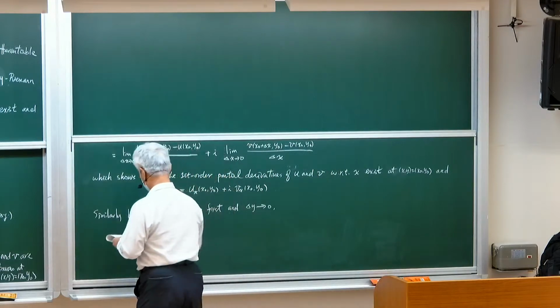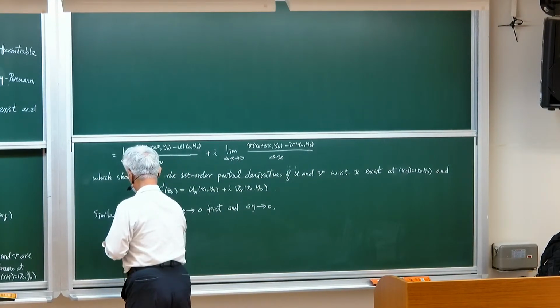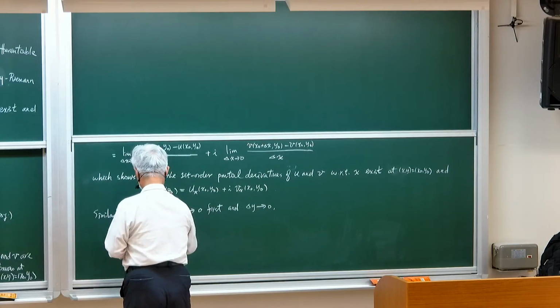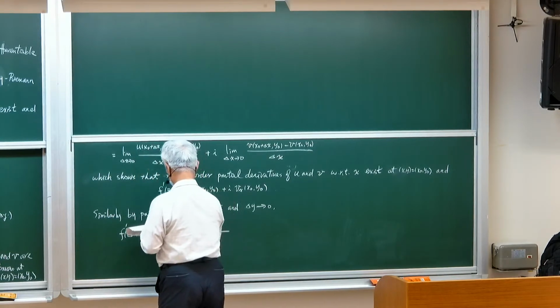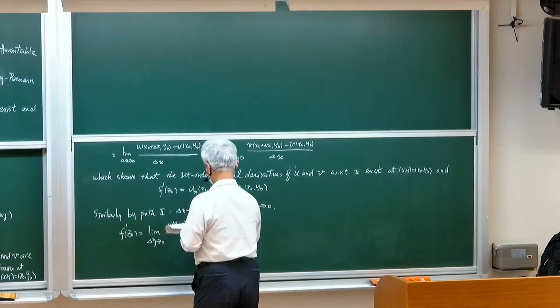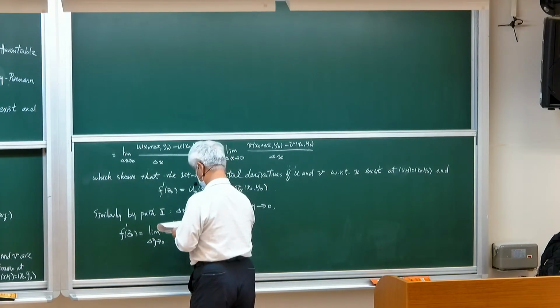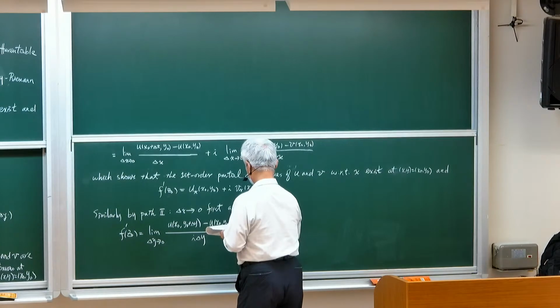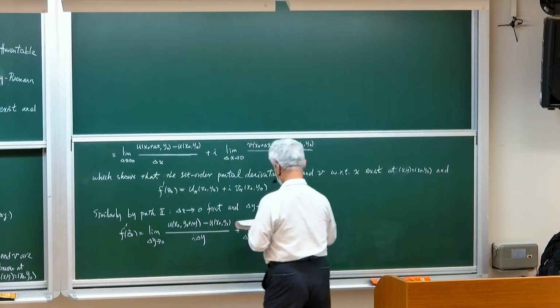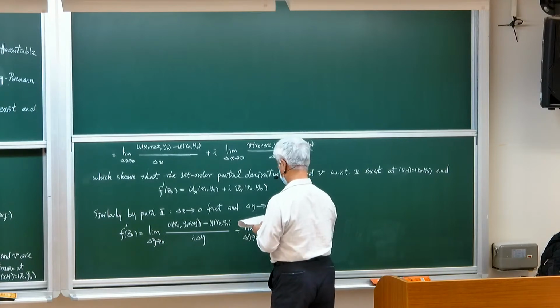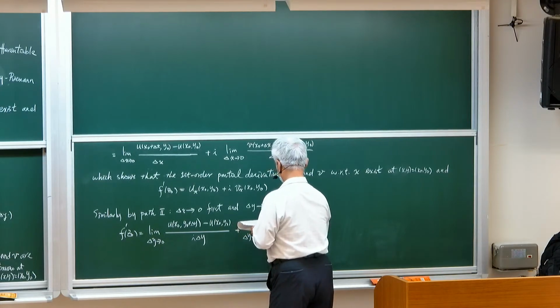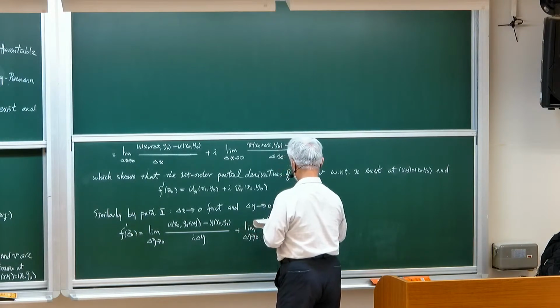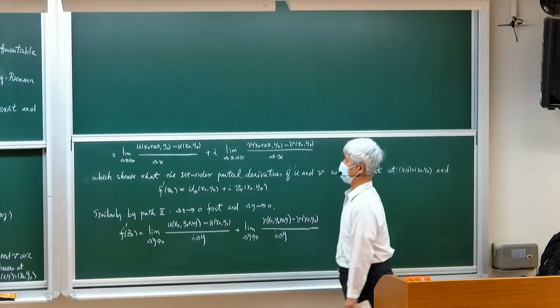So f prime z0 is equal to the limit as delta y goes to 0 of [u(x0, y0 + delta y) - u(x0, y0)] over i delta y, plus the limit as delta y goes to 0 of i delta y times [v(x0, y0 + delta y) - v(x0, y0)] over i delta y.